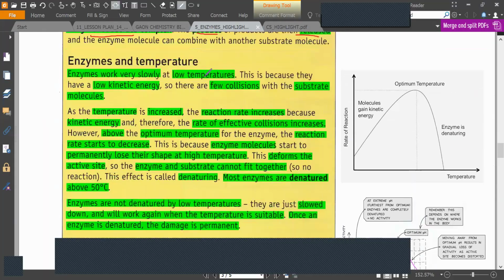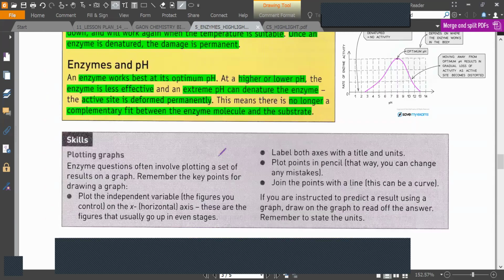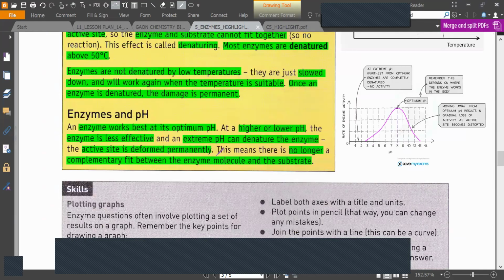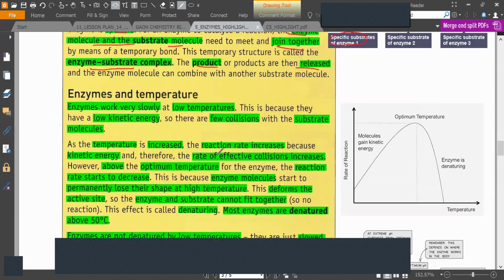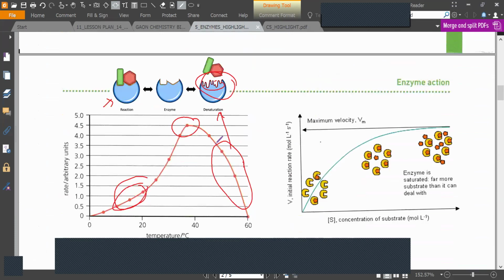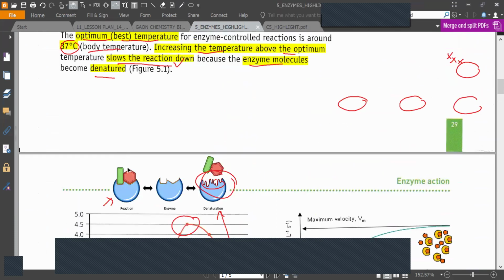Okay, so next we'll look at enzymes and temperature. Just now we already mentioned this, so now we will go into more detail to discuss what happened.